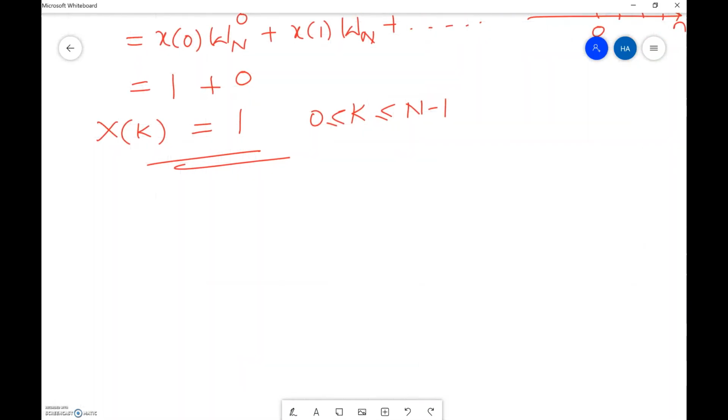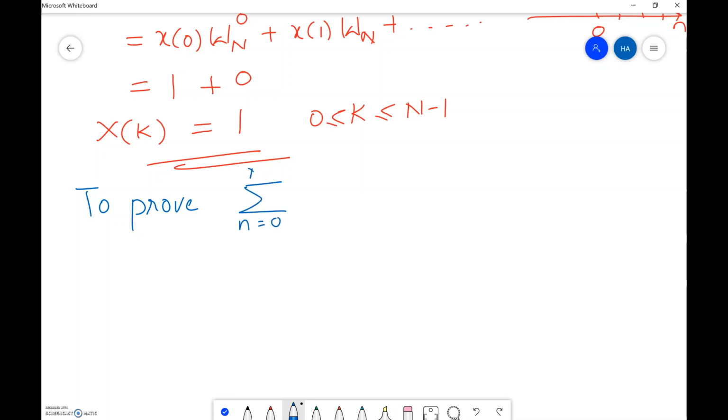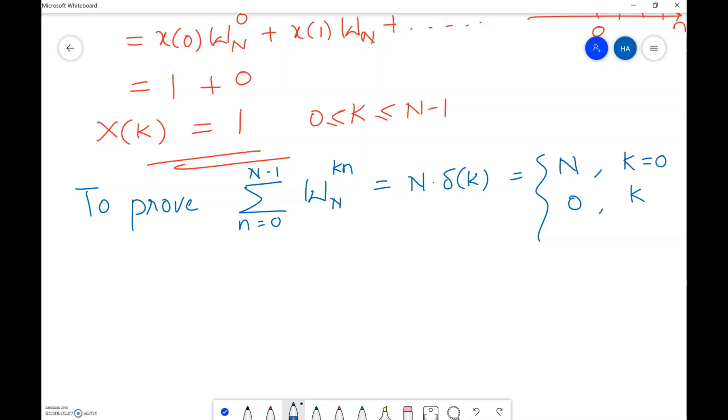Next problem is to prove that summation n from 0 to N minus 1 of W_N to the power kn is equal to N into delta of k, that is, having a value of N when k is equal to 0 and 0 when k is not equal to 0.